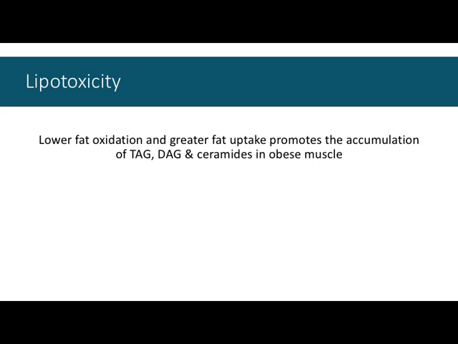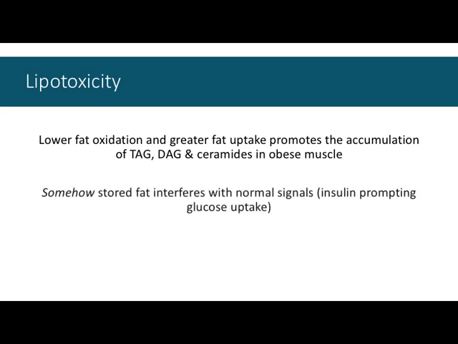All of these do accumulate in obese or diabetic muscle. But where I'm left wondering, where I'm not satisfied, is in how an increase in these stored fat species affects insulin signaling. Somehow it interferes with the cascade.